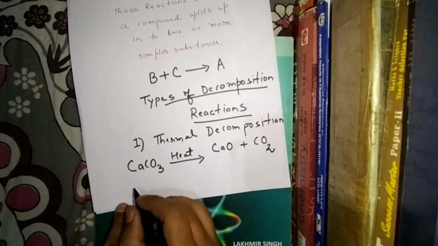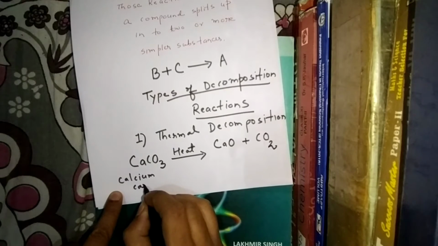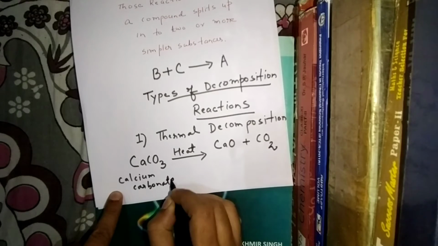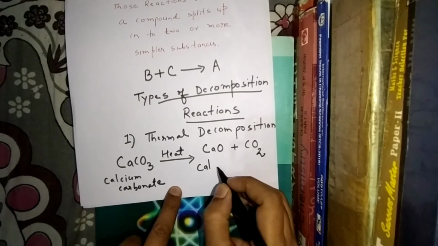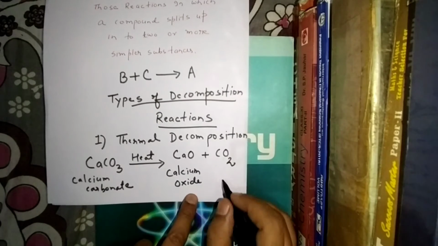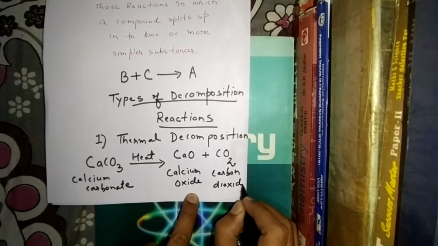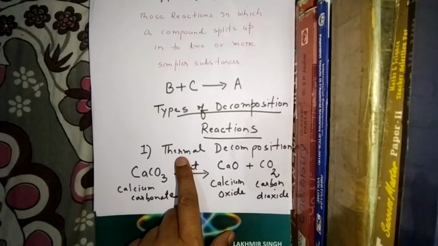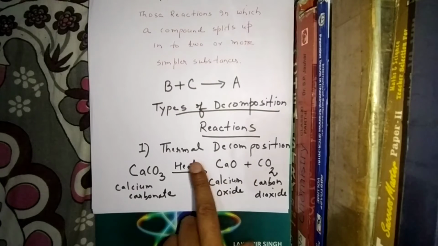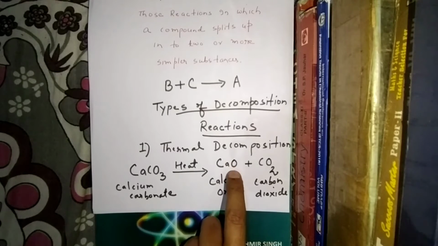Okay students, so this is your calcium carbonate, this is your calcium oxide and this is your carbon dioxide gas. So this reaction is one of the examples of thermal decomposition reactions. Thermal decomposition reactions are those reactions in which the decomposition takes place with the help of heat energy.